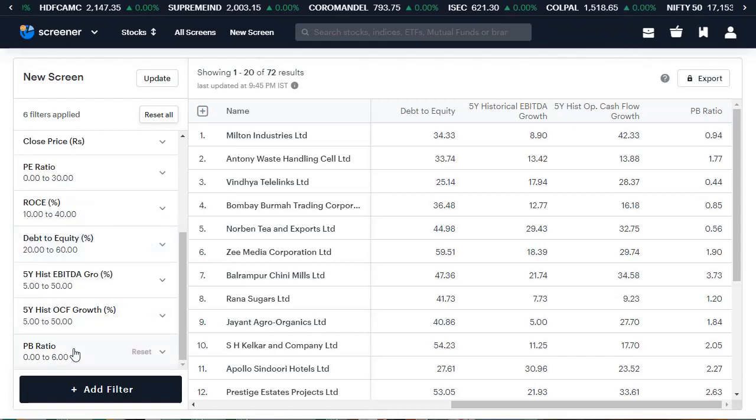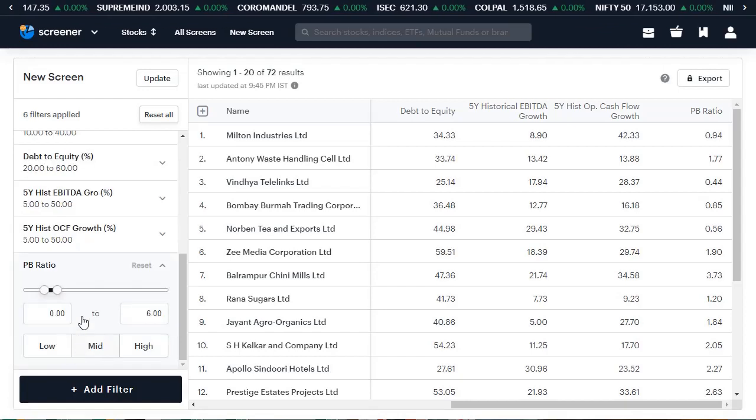The next parameter is the price to book ratio. Price to book ratio stands for how many times the price of the company at present is trading as compared to the book value of the company. The book value of the company is that value of the equity which is calculated after subtracting the liabilities of the company from the overall assets of the company.